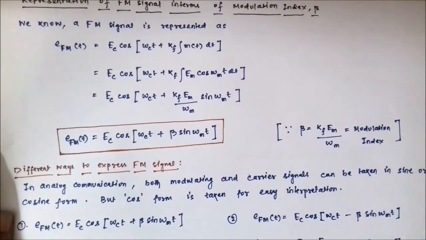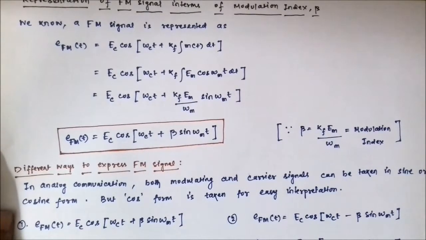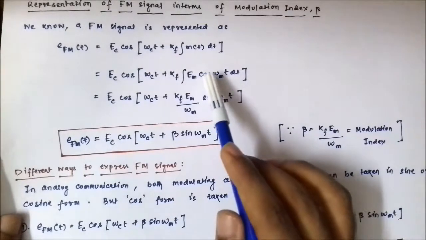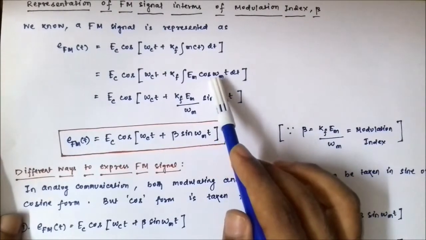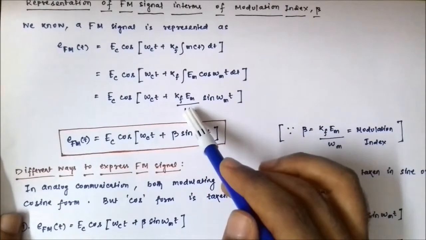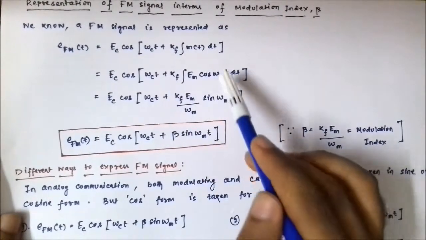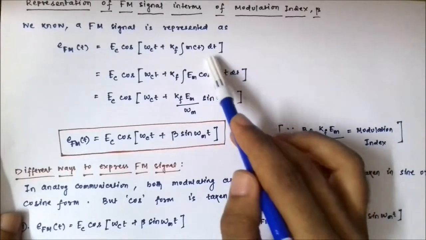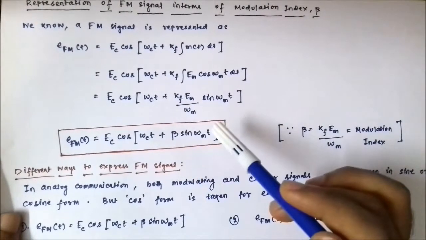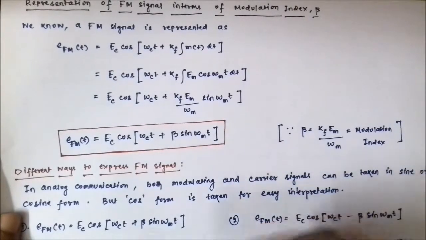Only for simpler calculations, for simpler analysis, we take the cosine wave, because if we had taken a sine wave and performed integration here, we would have got a negative sign. So to avoid that, we take a cosine signal, so that when we perform integration, we get a sine and a positive sign. So you can take a sine signal, you can take a cosine signal, there is no problem.